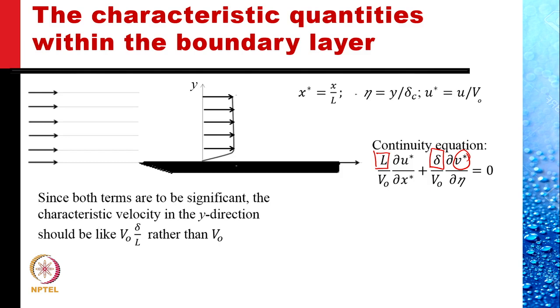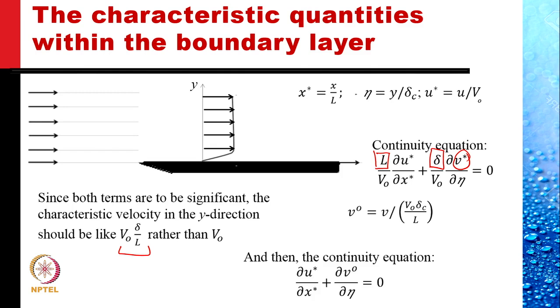V star should be normalized by V naught delta by L, so that we can write a new normalized variable, V star equal to V divided by V naught delta by L. And then the continuity equation would have both terms in there.